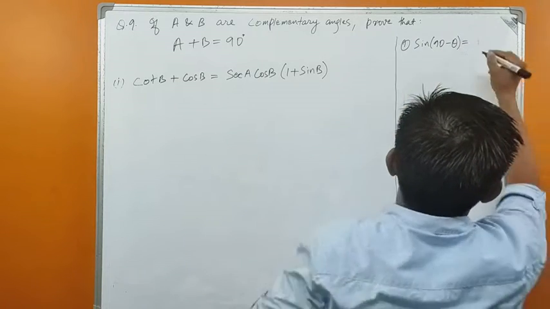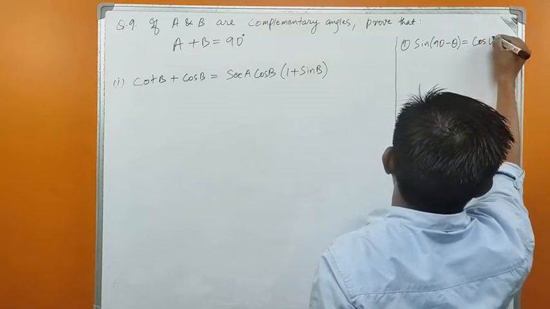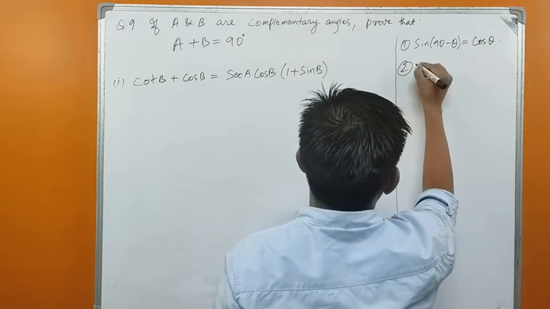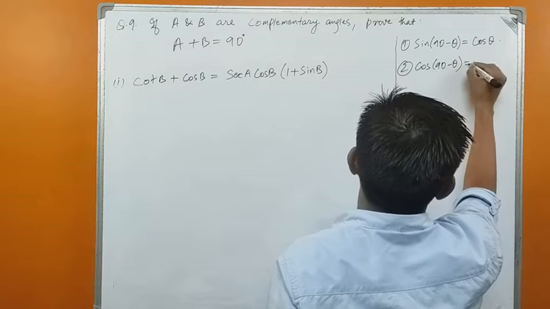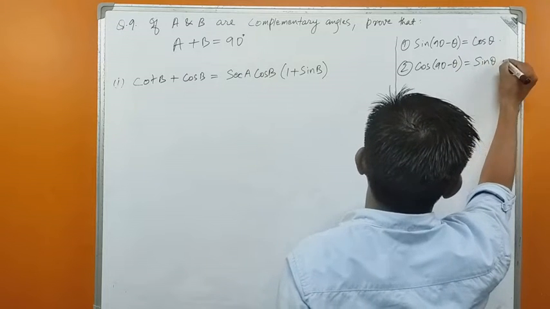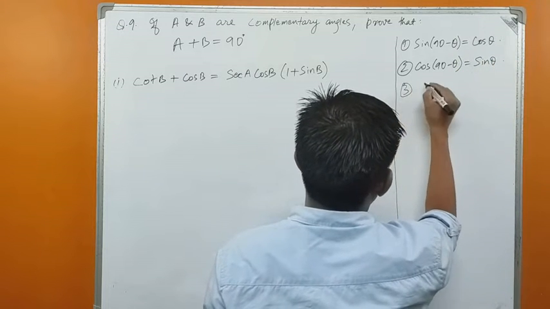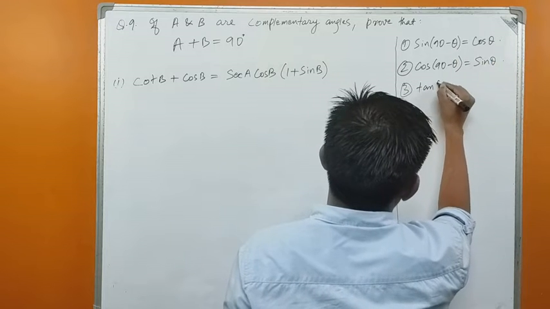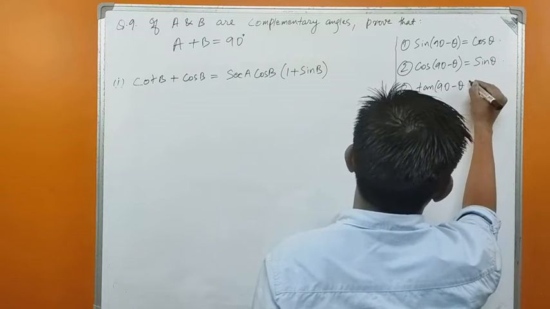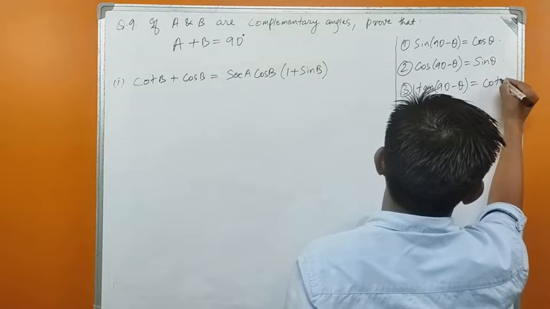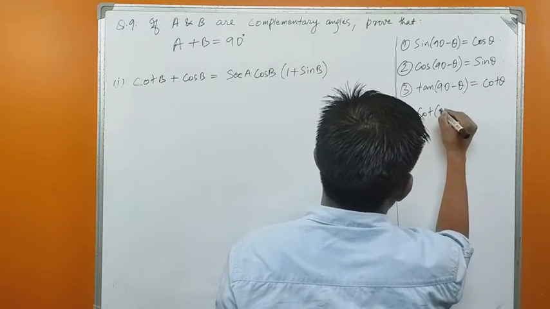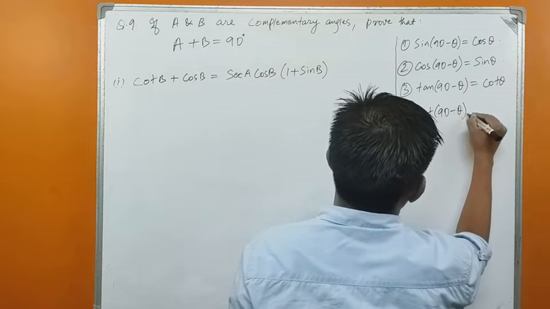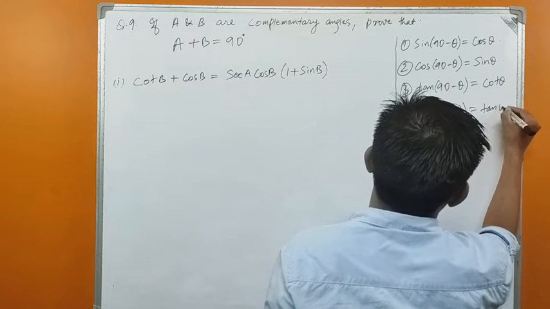Number 2, cos(90 minus theta) equals sin theta. Similarly, number 3, tan(90 minus theta) equals cot theta. And number 4, cot(90 minus theta) equals tan theta.